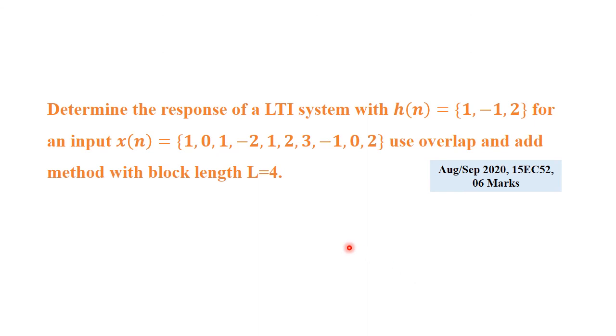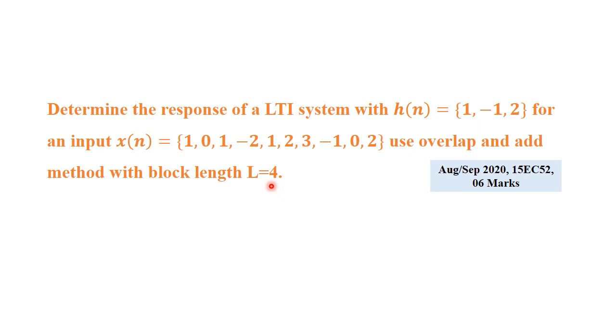Now there is one more problem that has been asked in the most recent examination, August-September 2020, 15 EC 52 subject code for 6 marks. You can just go through that. The same problem what we have solved, but in this case the length of the sequence L is given directly. So you must be very careful while reading the question itself.